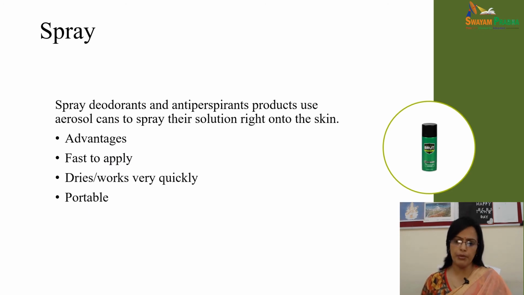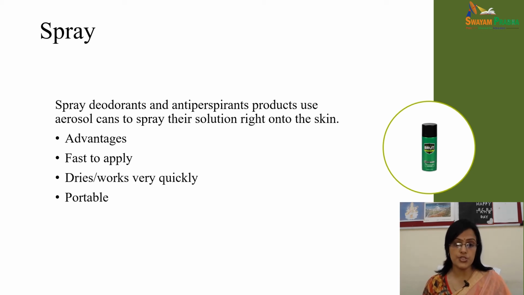Spray is a very popularly used deodorant form. Like aerosol cans, they spray their solution right onto the skin, so it is a little harder to over-apply these kinds of products. It is a very common form of deodorant and antiperspirant product.